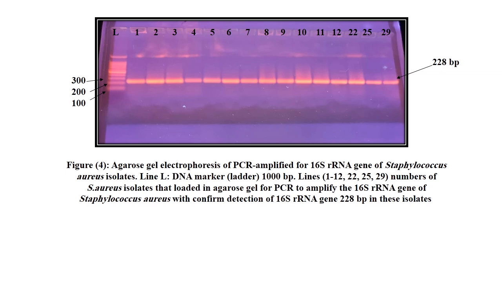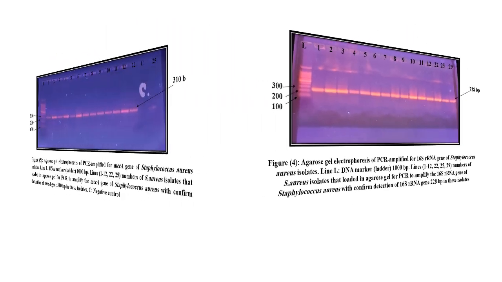Figure 4 showed agarose gel electrophoresis of PCR-amplified 16S rRNA gene of Staphylococcus aureus isolates. We can see the confirmed detection of the 16S rRNA gene, recorded at 228 base pairs in these isolates, compared with the DNA marker with 1000 base pairs.